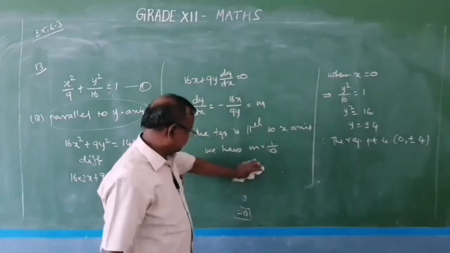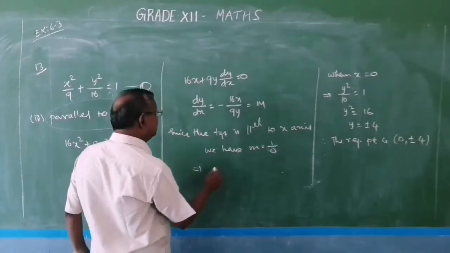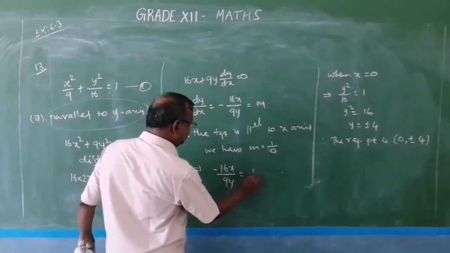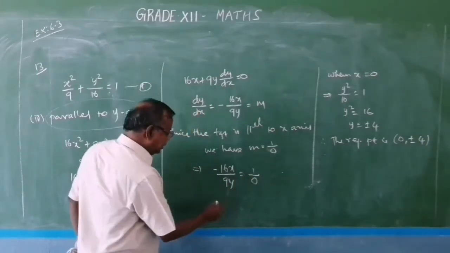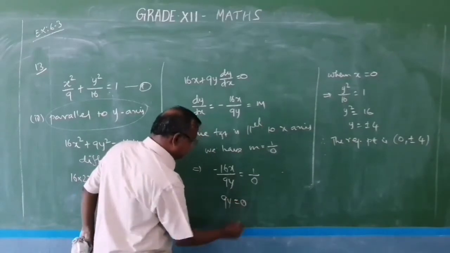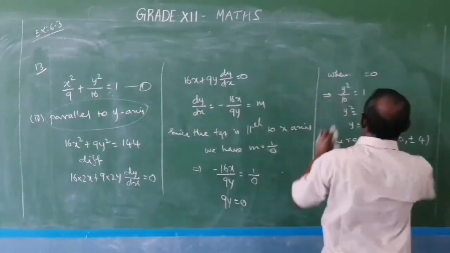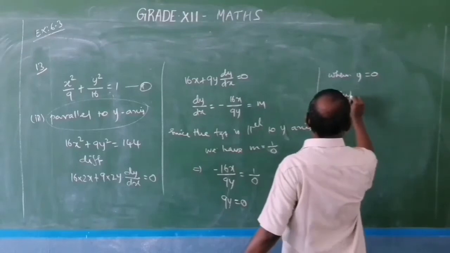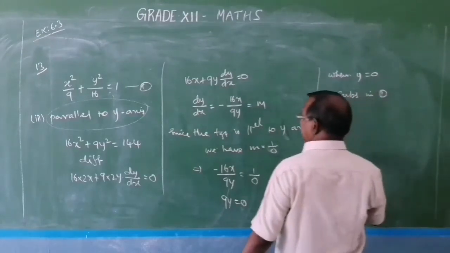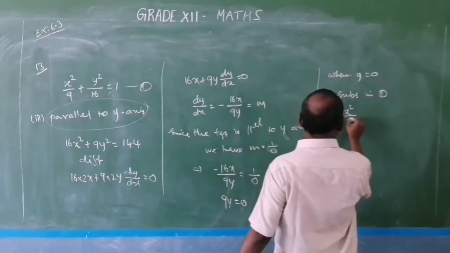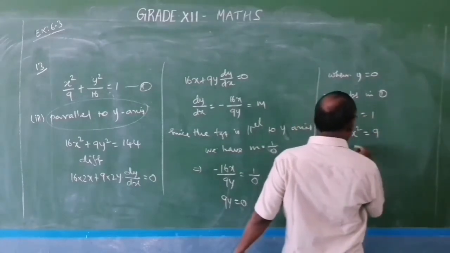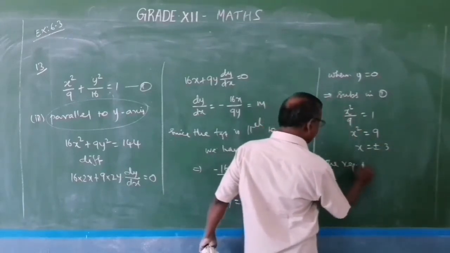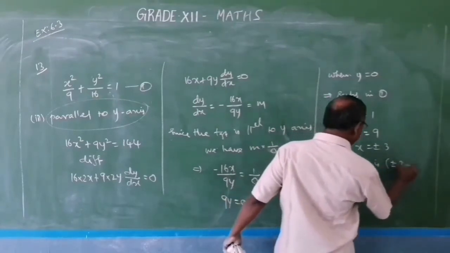That means minus 16x by 9y equal to 1 by 0. Now the denominator 9y is 0. So y equal to 0. Substituting in equation 1, we have x square by 9 equal to 1 and x square equal to 9, x equal to plus or minus 3. In this case, the required point is plus or minus 3 comma 0.